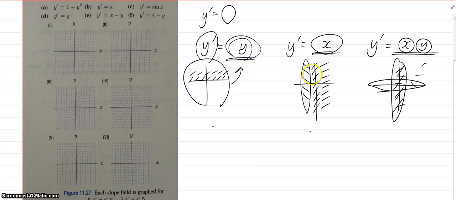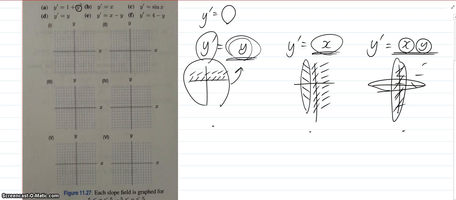So let's use these 3 characteristics we just found, so it's easier for us. Right here we have 1 plus y squared, that's a. Because it only involves y, we know that the slopes in each horizontal line will be the same.